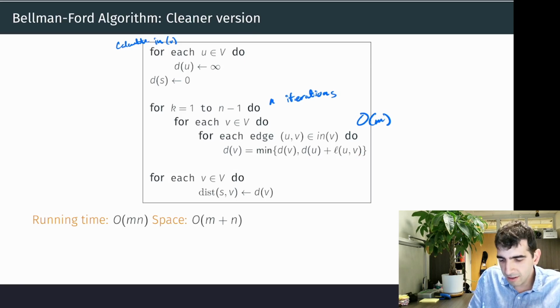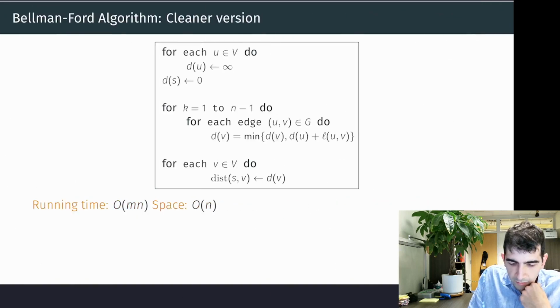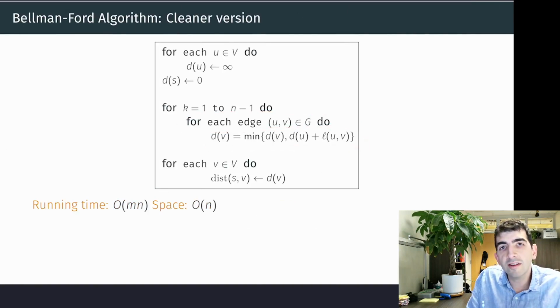Yes. So we don't even need the in list. We could just get rid of it. Instead of these two for loops, we just say for every edge, do this calculation and change the distance if adding this edge as the kth edge in the shortest path to V reduces the distance.